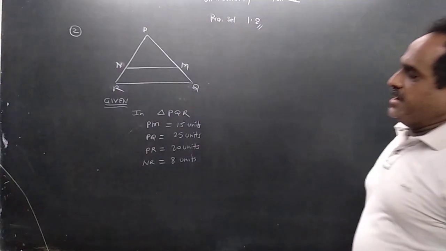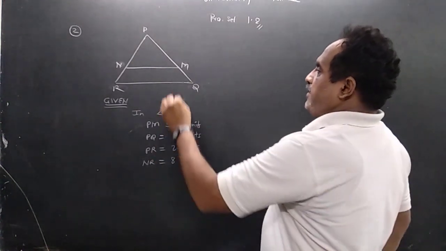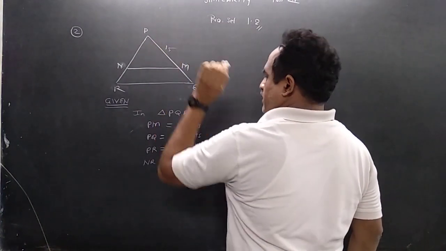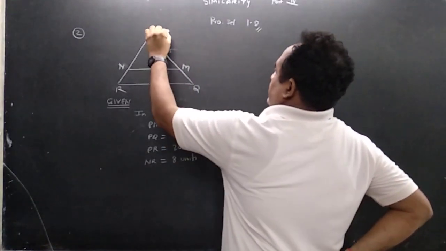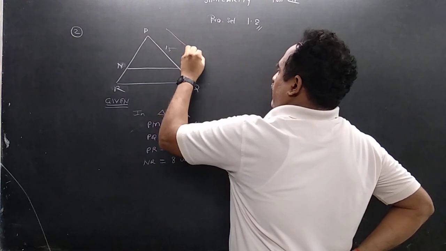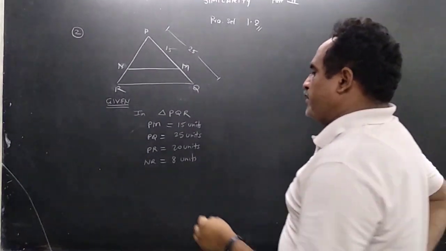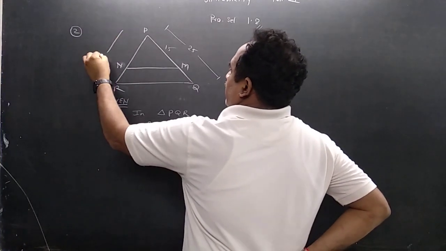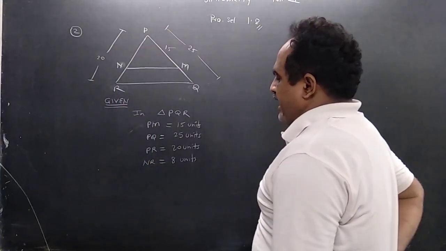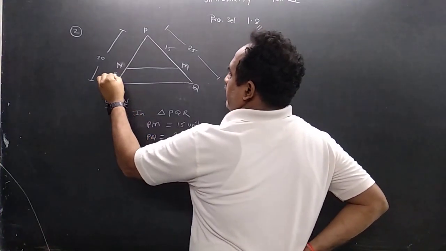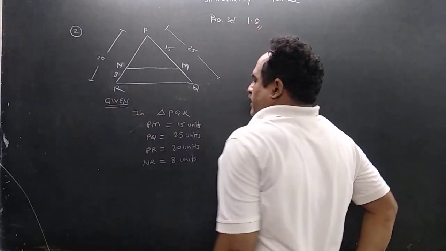Okay. See here now. In triangle PQR, PM is equal to 15, PQ is equal to 25, PR is equal to 20, and NR is equal to 8. These values are given. And what are they asked to find out?